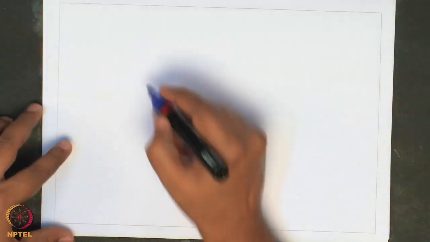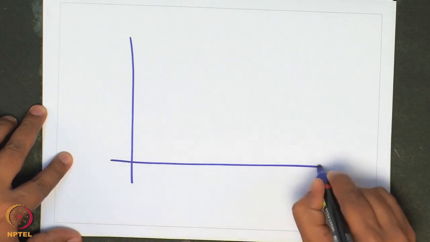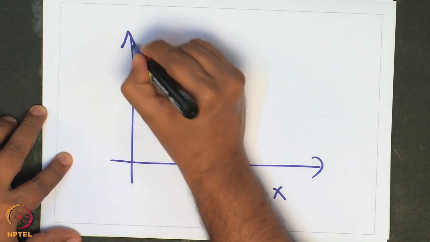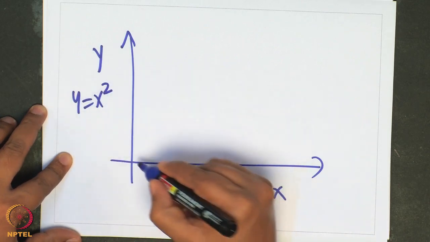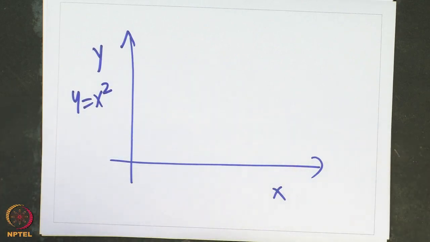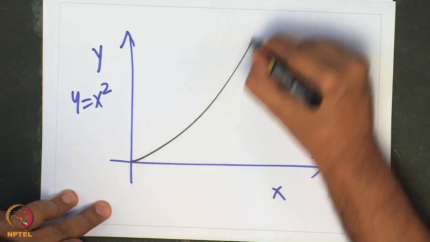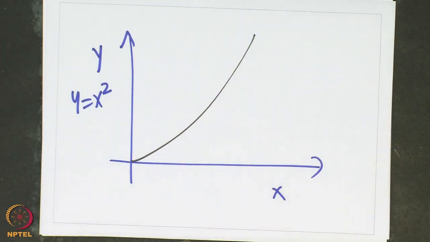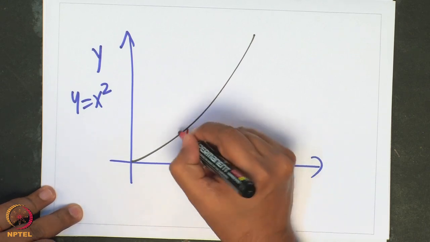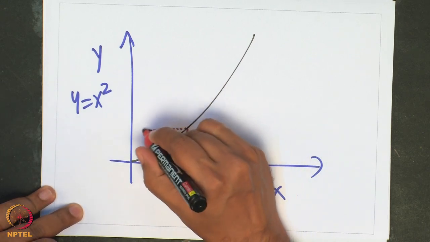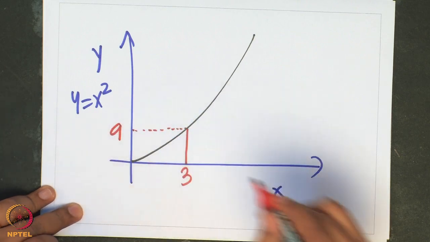So let me plot the same curve. This is my x, this is my y. So y equal to x square is what I am going to plot. Now this is my 3 and the corresponding y value is 9.